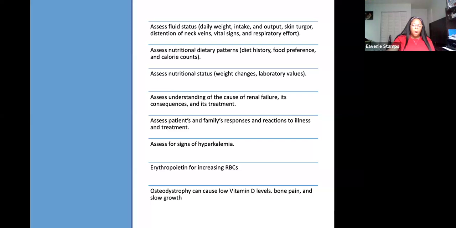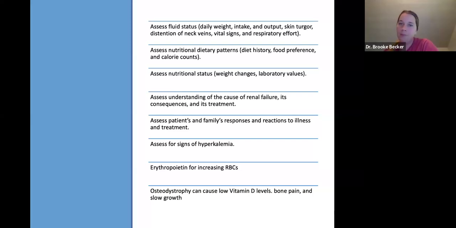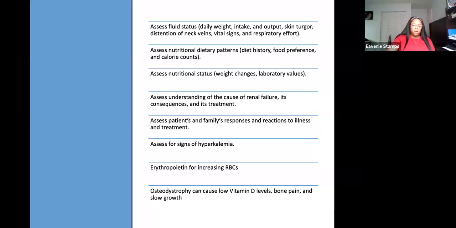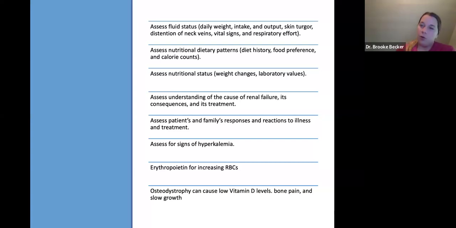Salt. Yep. What else? Any foods high in potassium? Potentially. What about fluids? Right? Fluid restrictions might be a part of it. Okay.